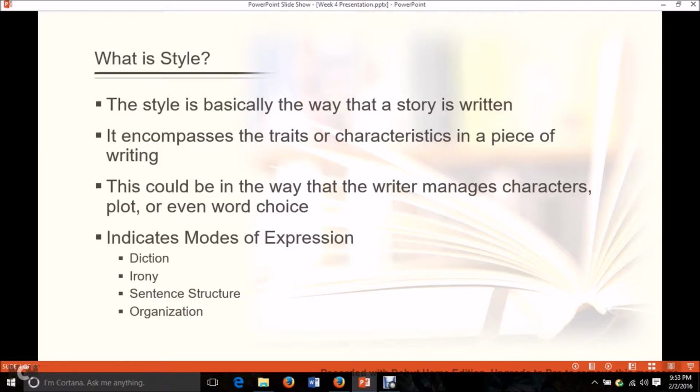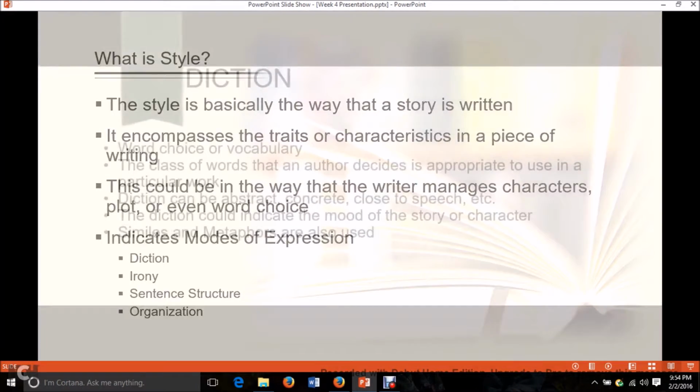All of those are encompassed in this idea of style. And a lot of times we'll see style go beyond just one particular story. An author may have a similar style for lots of stories, or it could be lots of styles within one. So it's just the way that the actual words, the story itself, is presented.